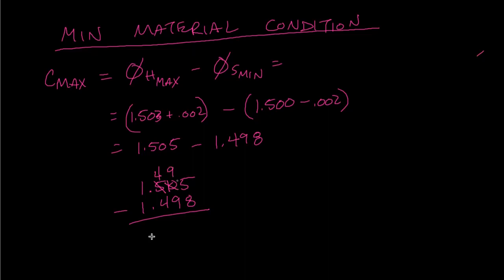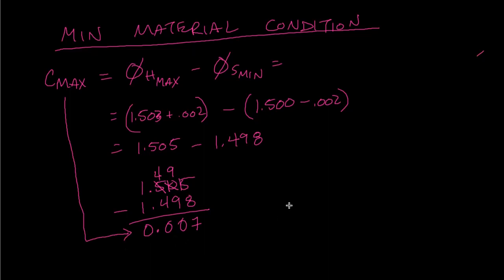I'm just going to borrow 1 from it. So now this is 15 minus 8, which is 7. And then 9 minus 9 is 0. And 4 minus 4 is 0. And 1 minus 1 is 0. So I do, in fact, get a maximum of 7 thou.